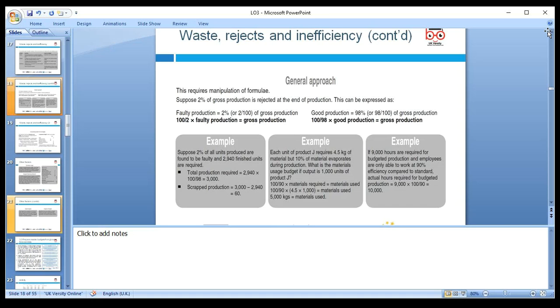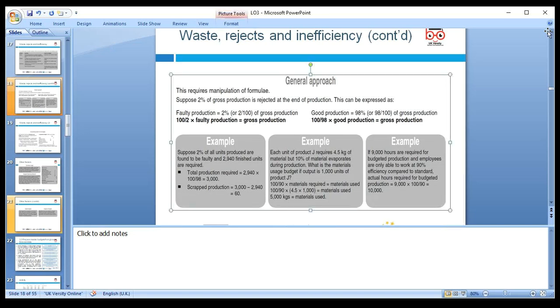So when we make the budget, we need to look at all these issues. Each unit takes 4.5 kg of material, and 10% of the material evaporates. For the usage budget, if we are making 1000 units, we require 4500 kg, but 10% evaporates. So 90% is what we get, so we need to multiply by 100 divided by 90.